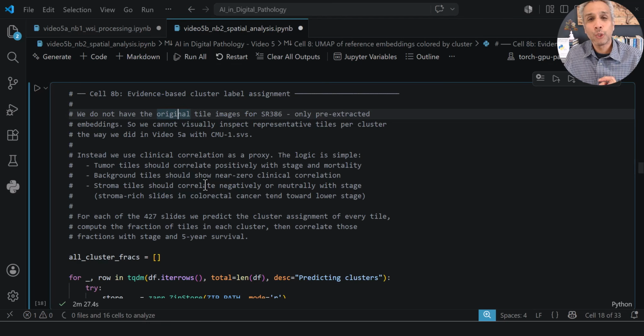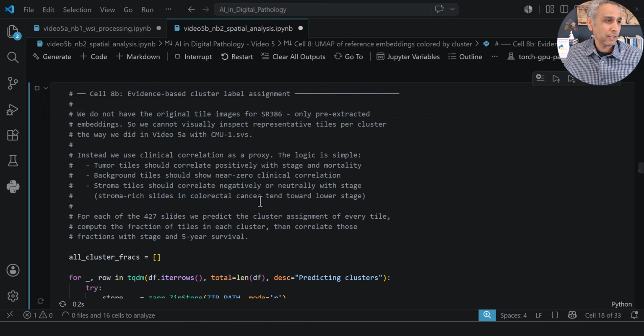Background tiles should show almost zero clinical correlation, because glass carries no biological signal. And the stroma tiles should correlate negatively or neutrally with the cancer stage. So we predict the cluster assignment for every tile in all 420.